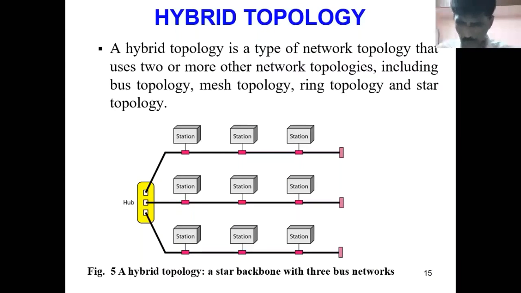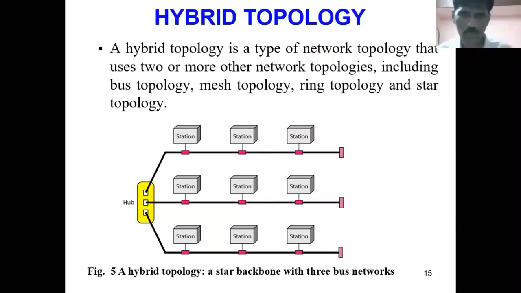Hybrid topologies are most commonly used in larger organizations where individual departments have different network topologies. Take a very large organization, a very big company, with a number of departments. Maybe each department has a different network topology. All these network topologies are connected together and form a hybrid topology.